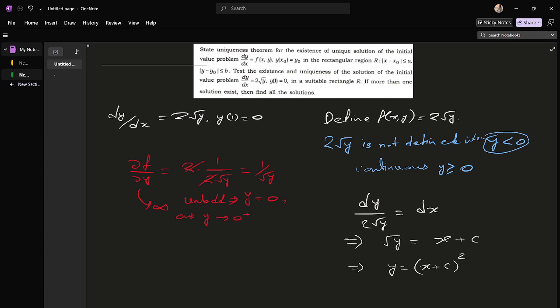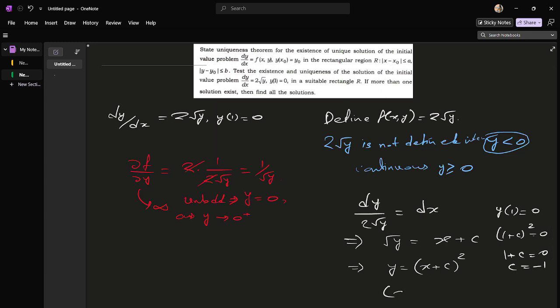For the initial condition y(1) = 0, we get (1 + c)² = 0, then 1 + c will be 0, so c will be -1.